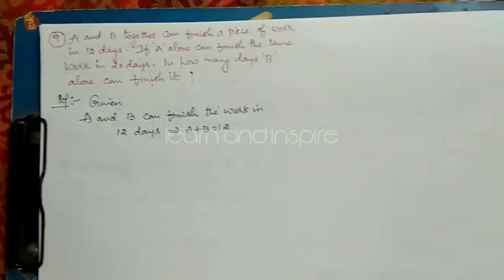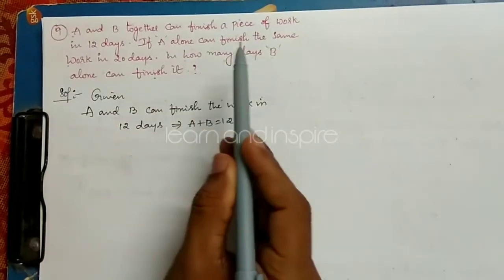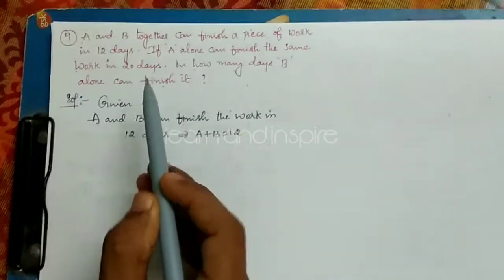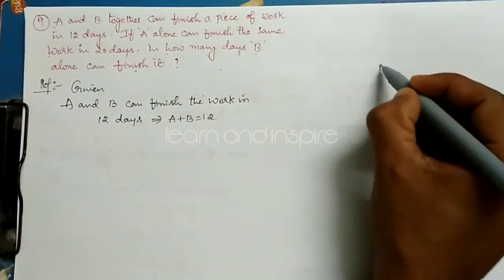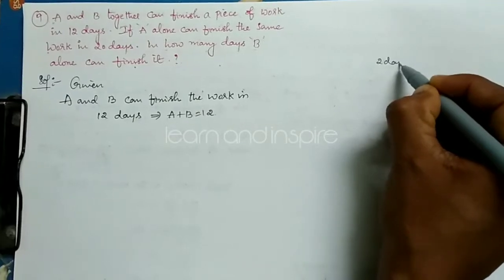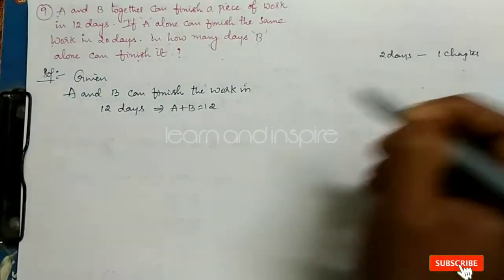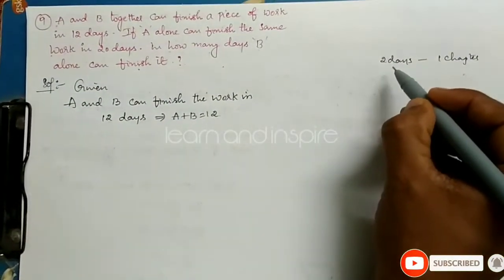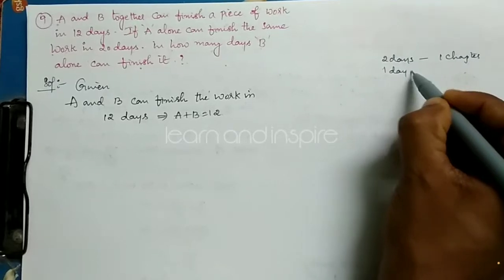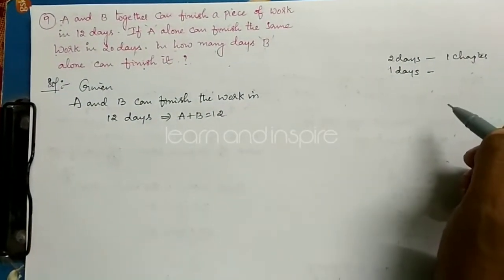Okay, now read the question again. If A alone can finish the same work in 20 days. So let me take one example. Suppose I take 2 days to complete one chapter. Now for one day, how much part of the chapter do I complete?